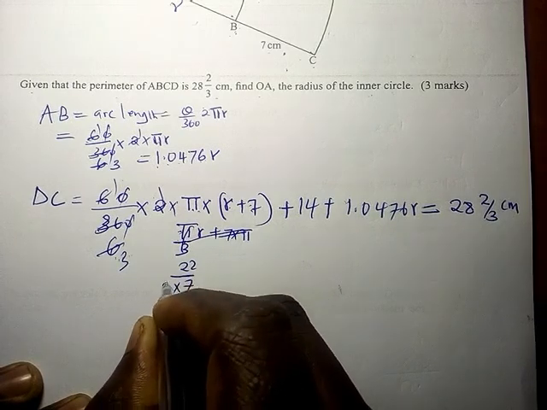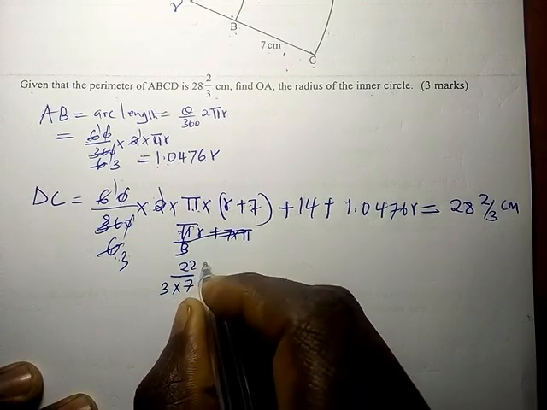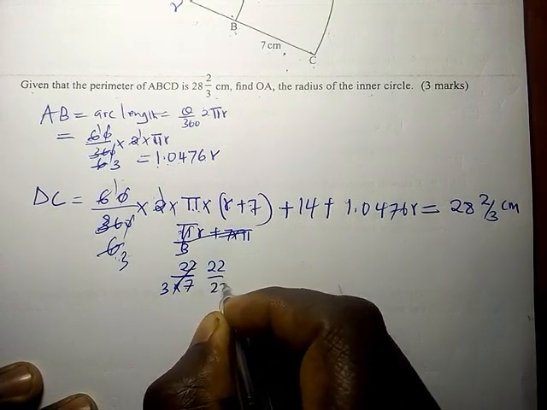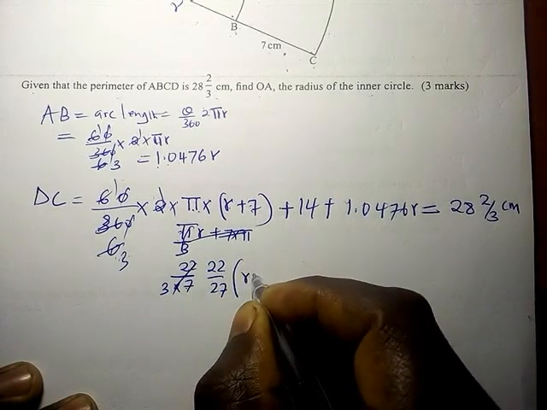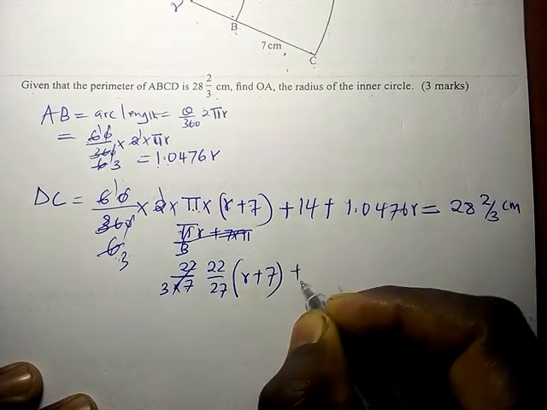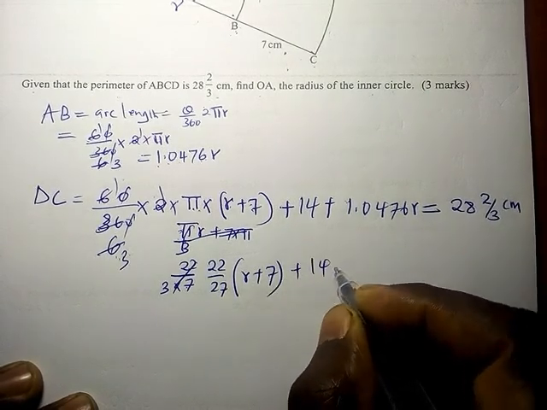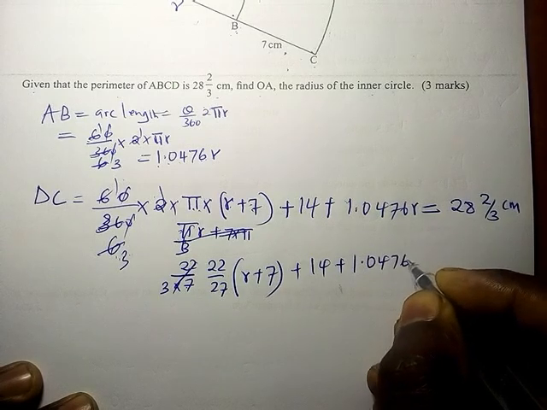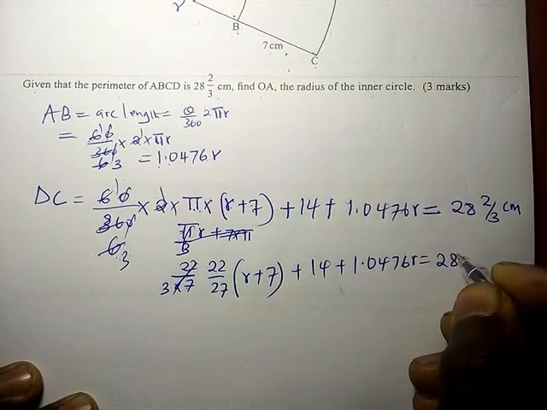Down here there is 3, so we will have 22/21. So 22/21 times r plus 7, plus 14, plus 1.0476r equals 28 and 2/3.